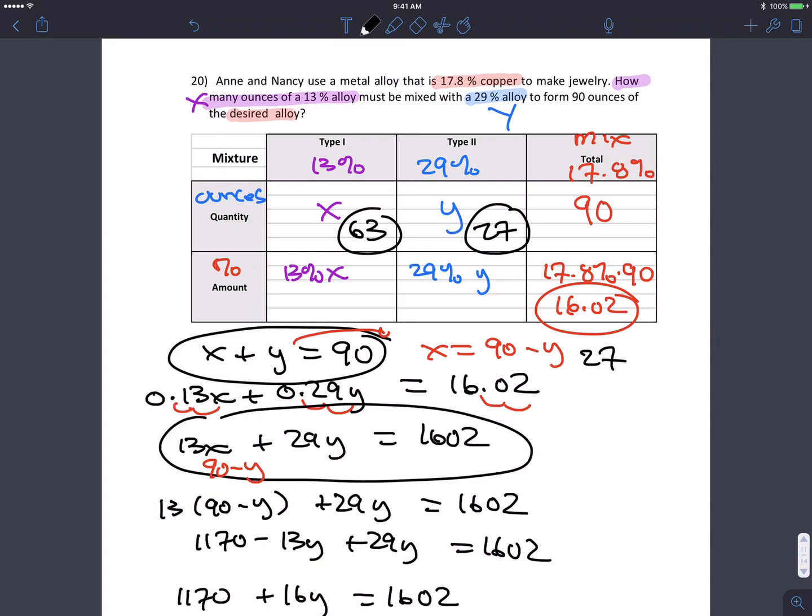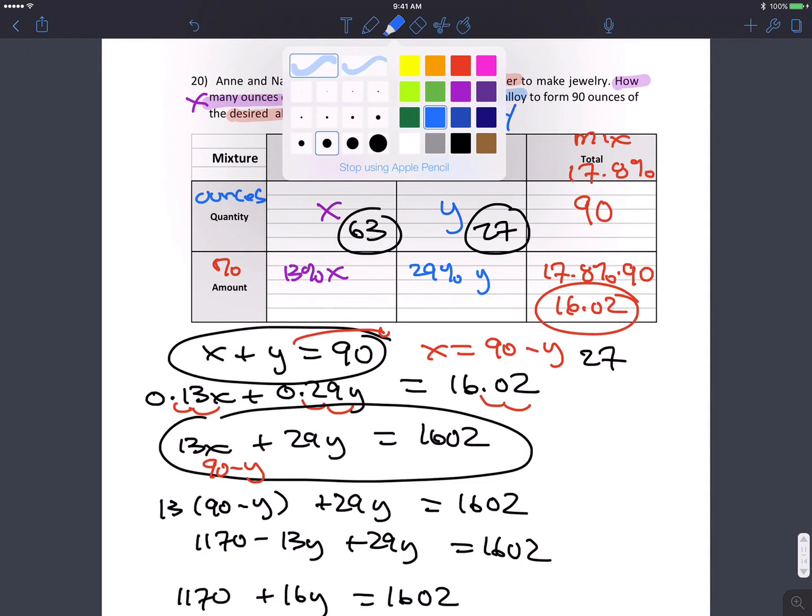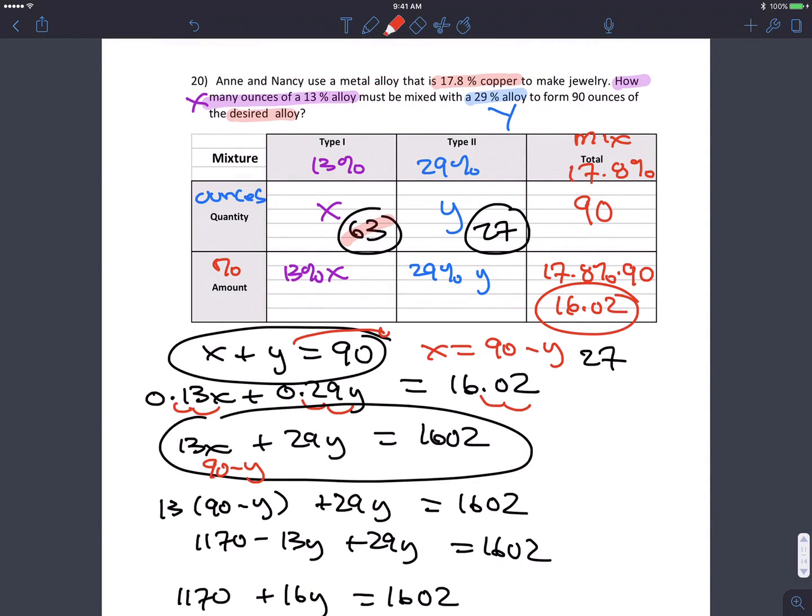And the question is, let's see, what's the question? How many ounces of 13%? So they just want to know this number, 63, because how many ounces of 13% is the question.